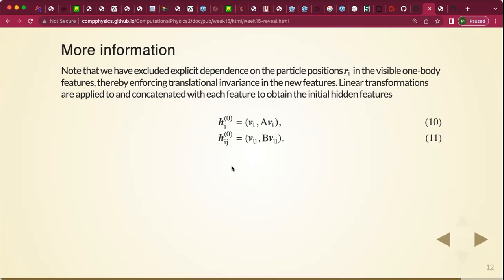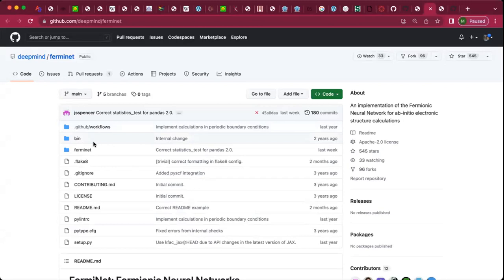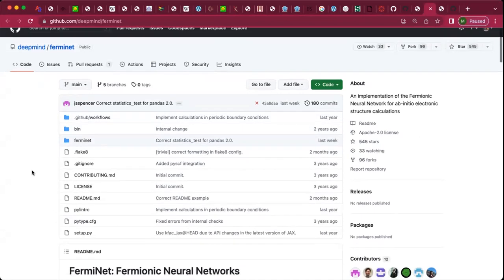Now, I would also like to mention that there are many interesting neural network implementations which you can use and download. And one of these is Ferminet, which was developed by a collaboration between Google and Imperial College. We have a former master student of ours who is a PhD student at Imperial College and is working with Ferminet.